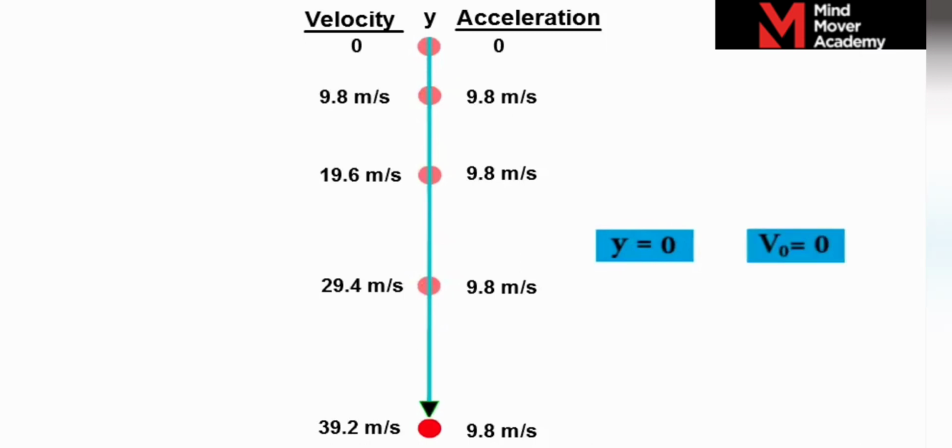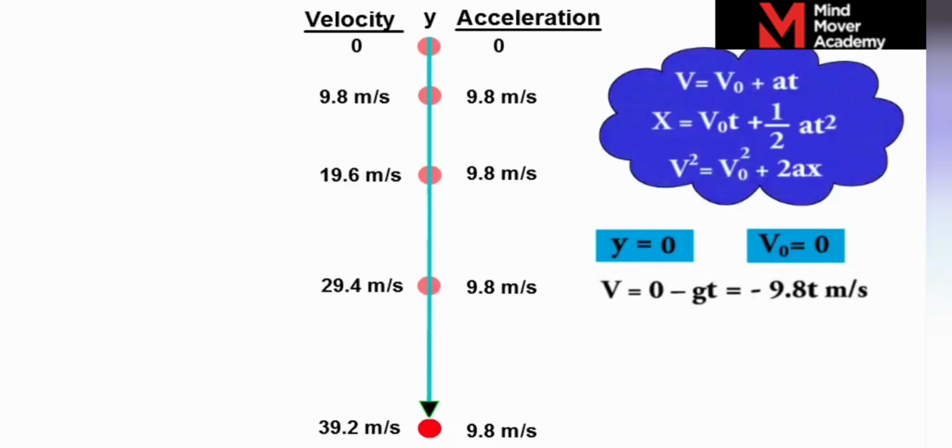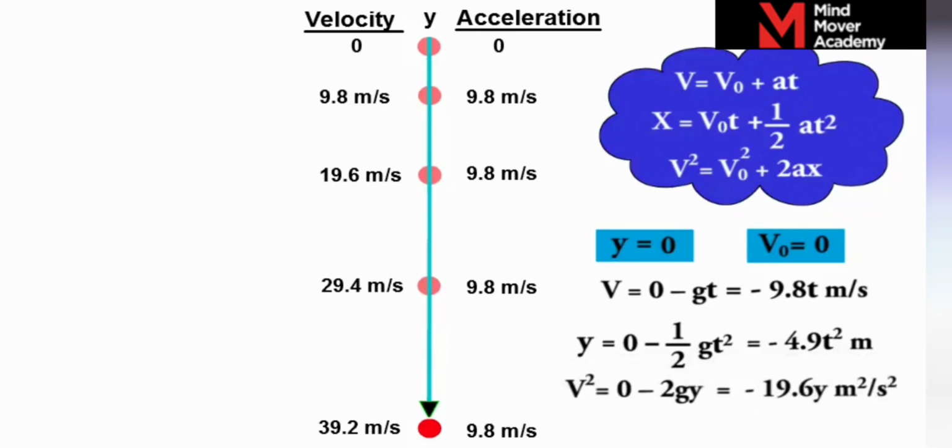Therefore, v naught is equal to 0, and the equations of motion become v is equal to 0 minus gt is equal to minus 9.8 t meter per second, y is equal to 0 minus 1/2 gt square is equal to minus 4.9 t square meter, v square is equal to 0 minus 2gy is equal to minus 19.6 y meter square per second square.